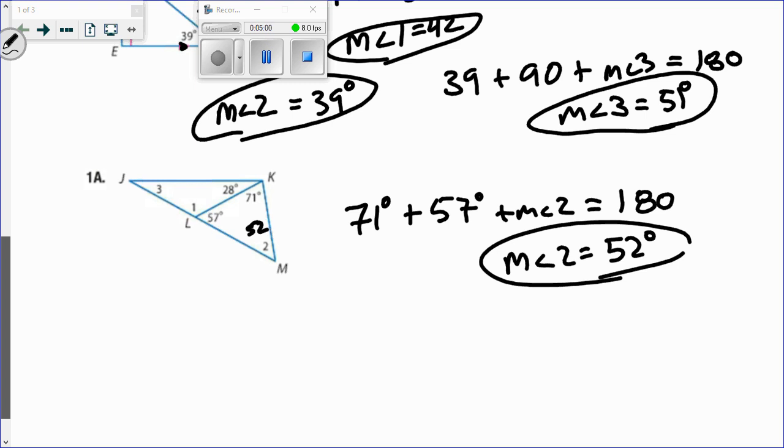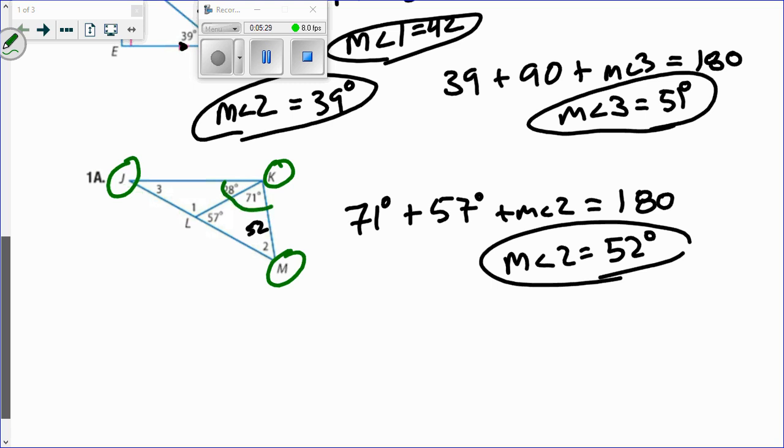Well, the measure of angle 3, that's a measure in two triangles here. The measure of angle 3, well, that's part of triangle, let me just highlight this for a second. Triangle J, K, M. Angle 3 there is angle J in that triangle. So all three of these angles should as well add up to 180. So let's use that, well, 28 and 71.